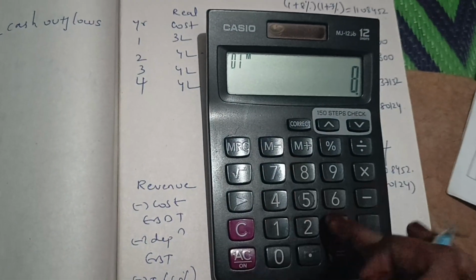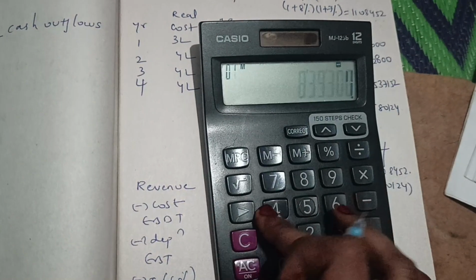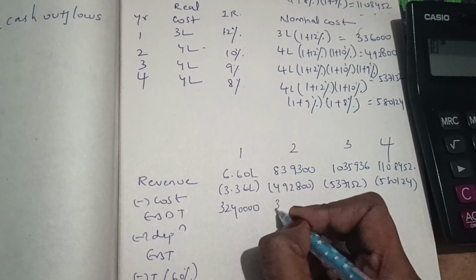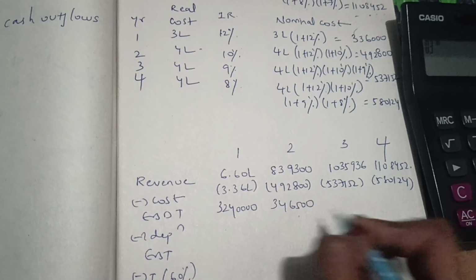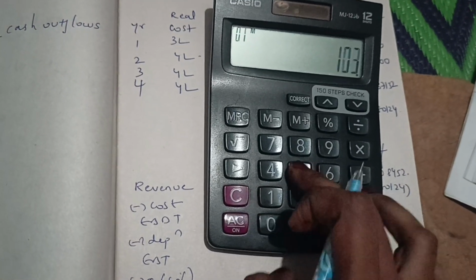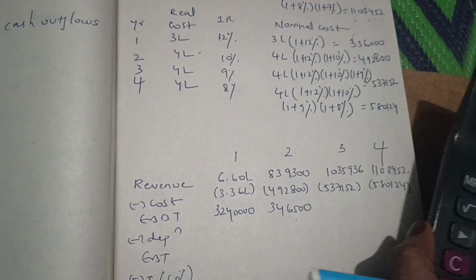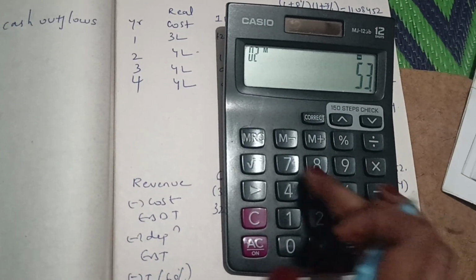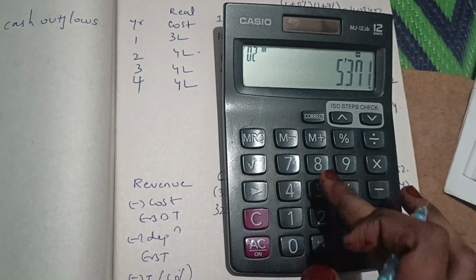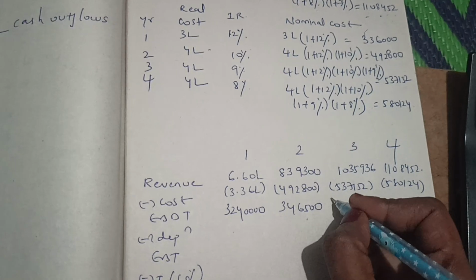And for the second year, 3,46,500. And for the third year, 10,35,936 minus 5,37,152, 4,98,784.